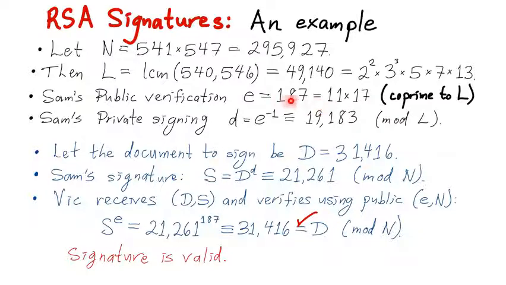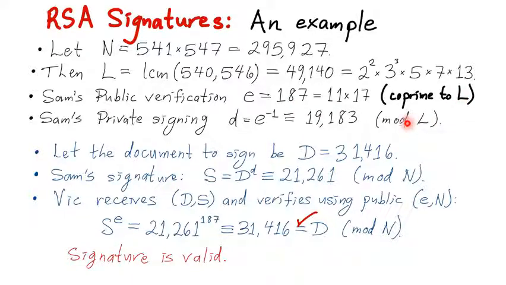And then you invert 187 modulo L to get the signing key D, and you get 19,183. If you multiply this 19,183 by 187, the remainder when you divide by L is equal to 1.